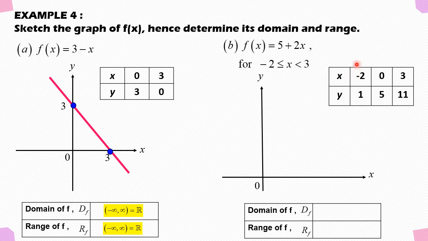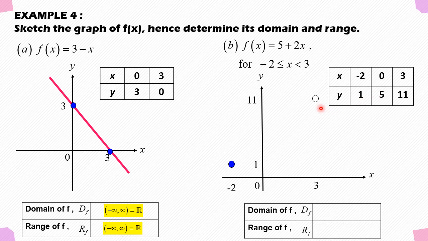We can take the starting value x equal to negative 2 as the first point, so you get y equal to 1. For the second point, we can take the end value from the restricted x given in the question, which is x equal to 3, and then y equal to 11.